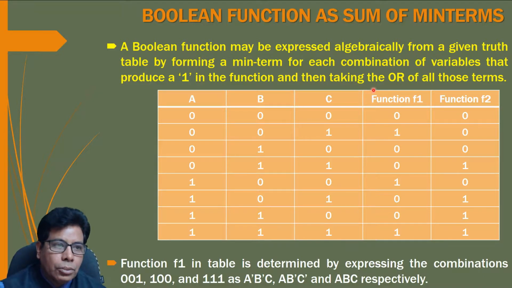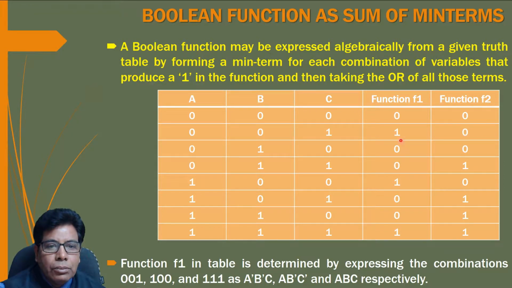So here you see we have this truth table for the functions f1 and f2. For 0, 0, 0, this is giving 0, this is also giving 0. For 0, 0, 1, this is giving 1, whereas this is giving 0.